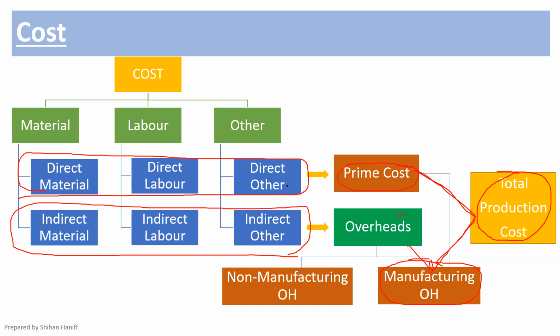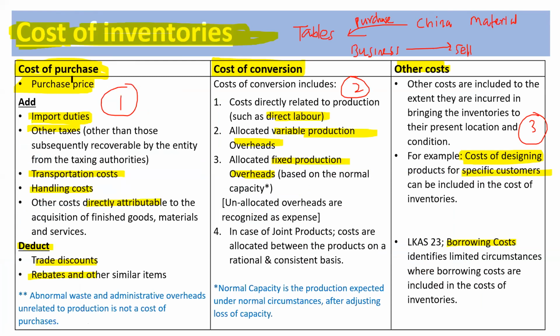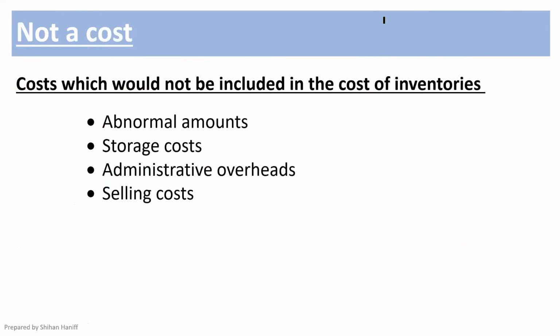Right. Next, these are not considered as cost. Right? So in the previous slide, I discussed what are the items which are included in the cost: purchase price, import duties, tax, transportation costs, direct labor, production overheads, designing cost. Right? But these we don't consider as cost.